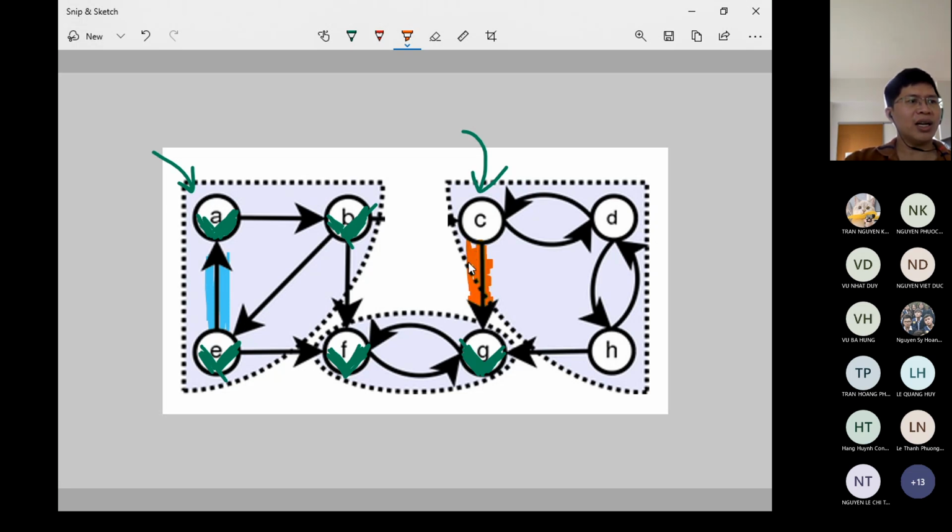But what I can give you as a hint is that if we visit a black node like this, we have the link from C to G, but there is no link from G to C. Because if we had something from G that could reach C, the node C must have been reached somewhere before.